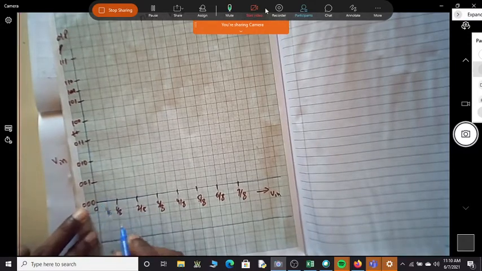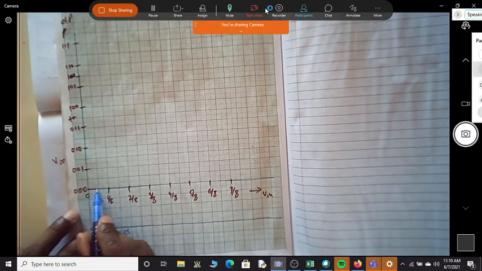So from 0 to half LSB, that is 1/16, it is 000.